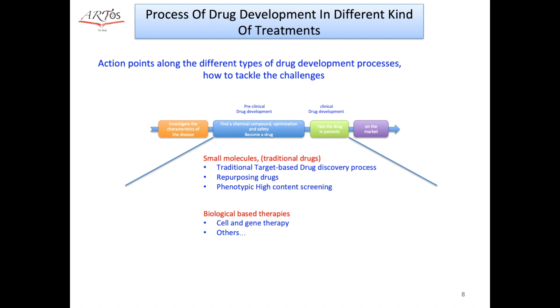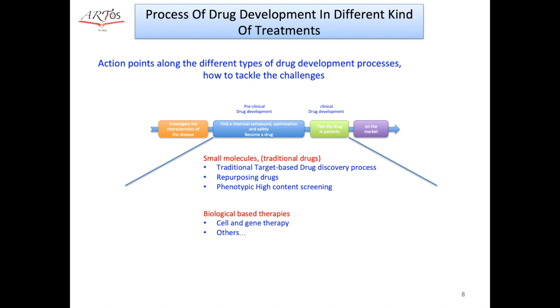The action points foundations can take to tackle these challenges will vary among the different types of drug discovery process. Treatments can be separated into two large groups: the small molecules, which are the traditional chemical drugs, and the biological-based treatments, highly innovative and for a part of them still experimental.